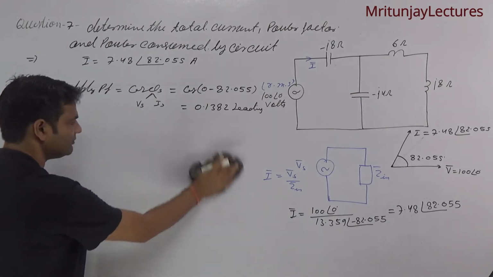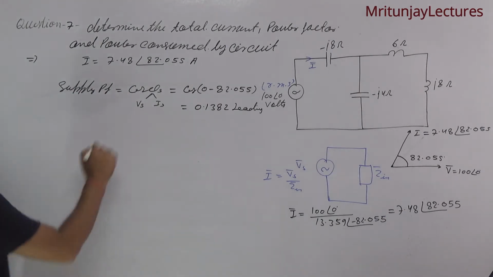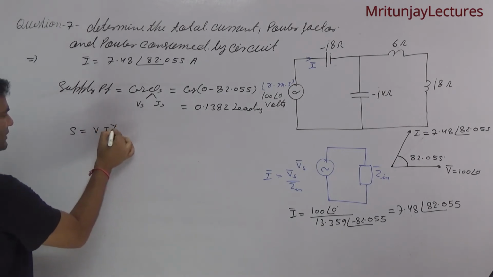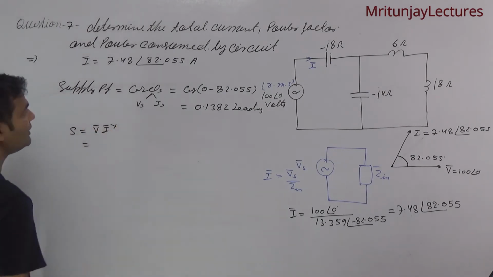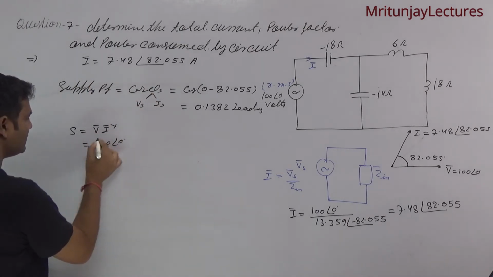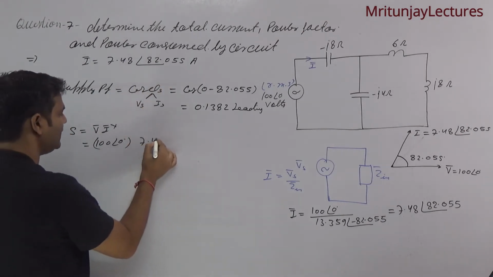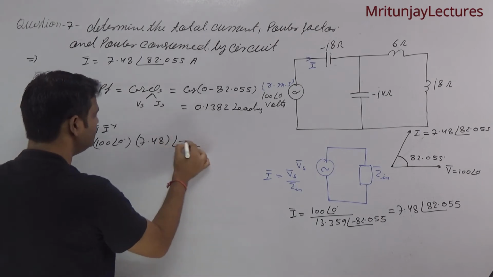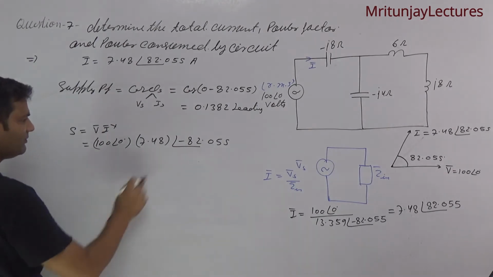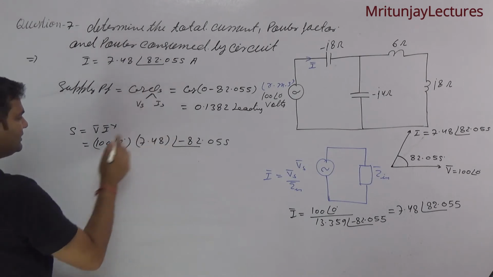Power consumed: the supply power Vs equals V into I conjugate. What about V? V equals 100 at the angle 0 and I conjugate, that is the conjugate of I, that is minus of this angle. This one is plus, that's why this is minus.